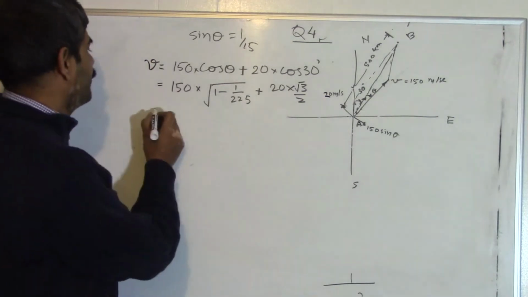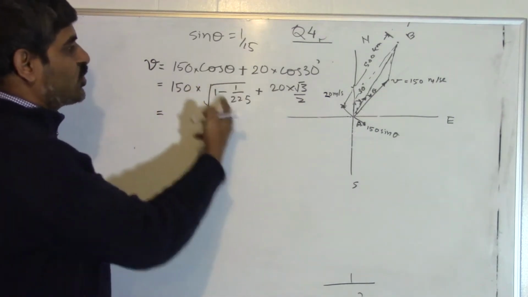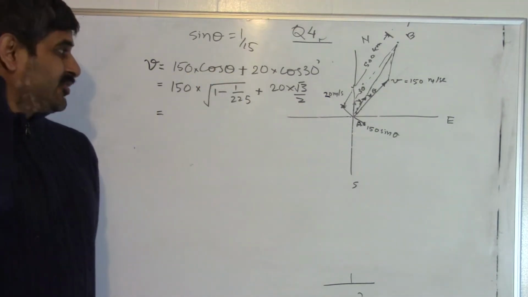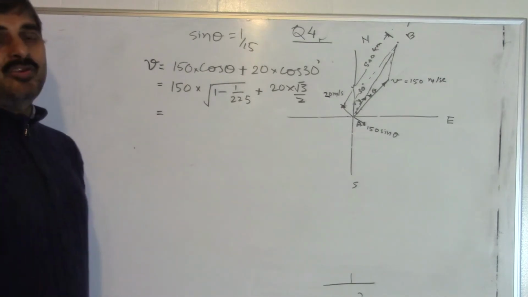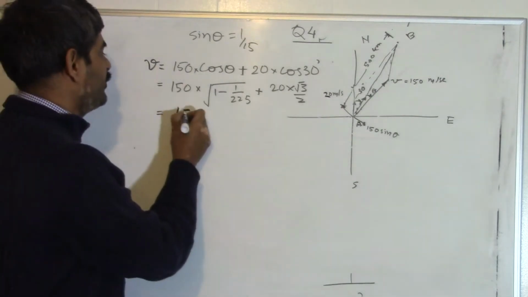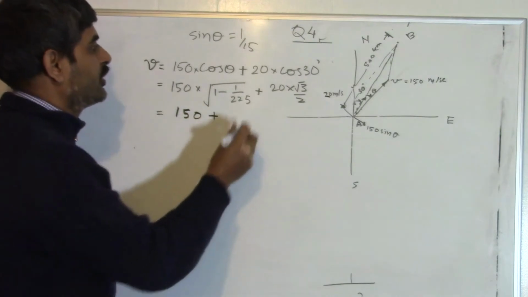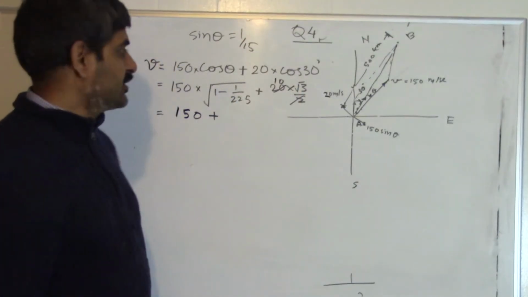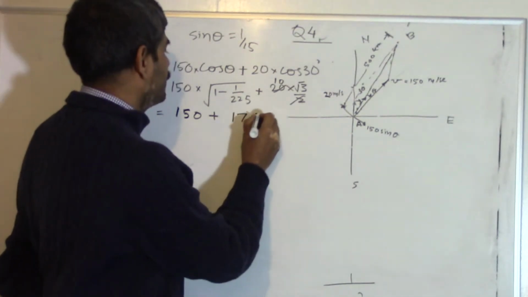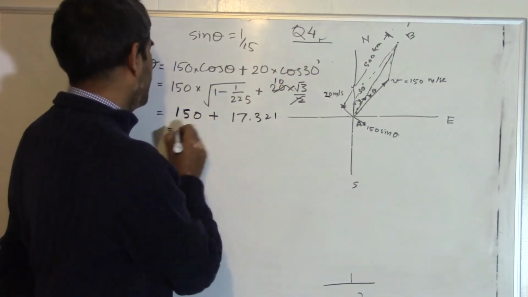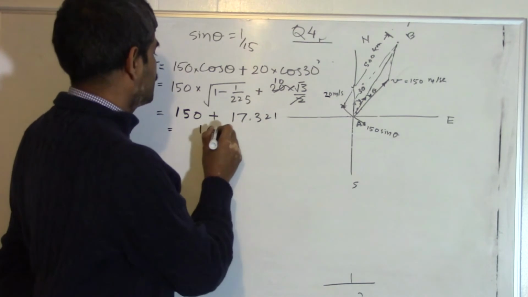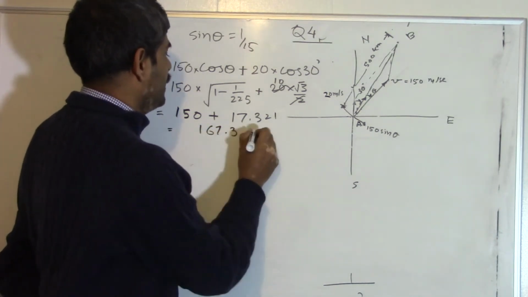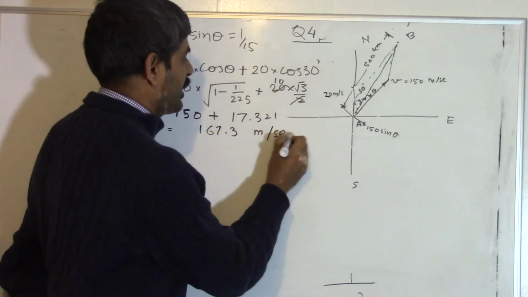This term is square root of 224 by 225, it's going to be very close to 1. So I will keep it 150 plus, this is 10 root 3, 1.7321 into 10 is 17.321. This will be roughly equal to 167.3 meters per second.